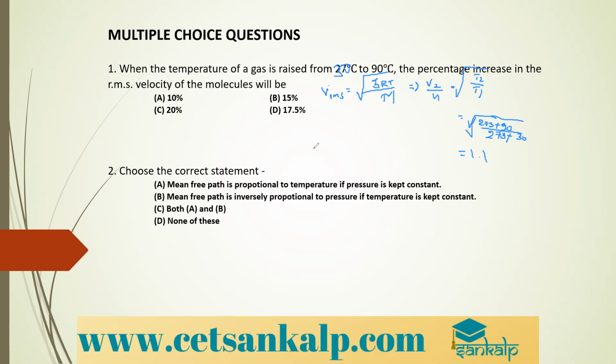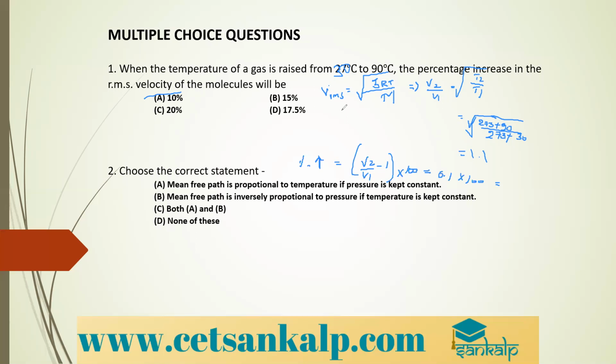Our percentage increase in the RMS velocity is (V2 by V1 − 1) into 100, which is 0.1 into 100. That is nothing but option A, 10%. That is your answer.